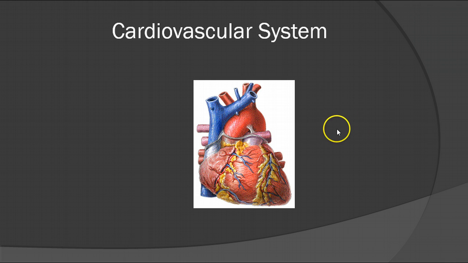So the blood becomes oxygen rich, and then comes right back in through the pulmonic veins. Once it comes in through the pulmonic veins, it enters right here in the left atrium. And then from the left atrium, it goes down to the left ventricle. The left ventricle is the biggest part of the heart, and from here it goes all the way out to the body through the aorta.